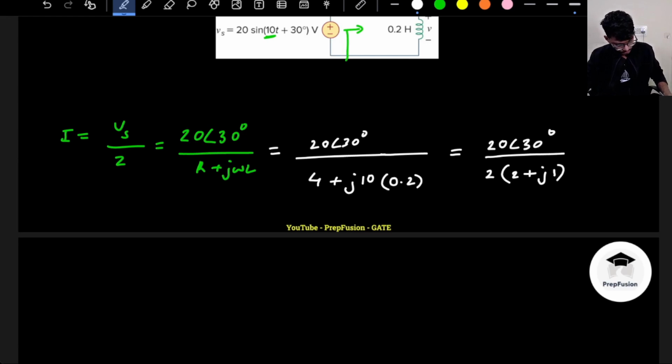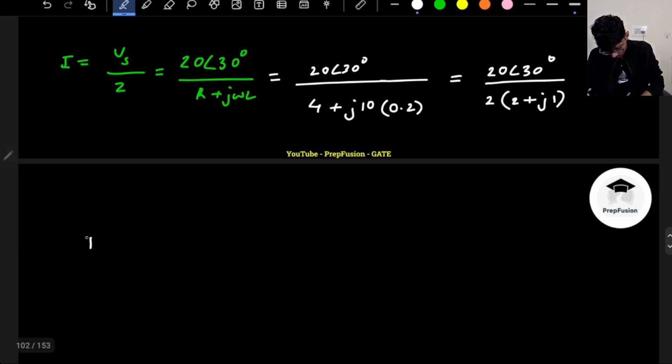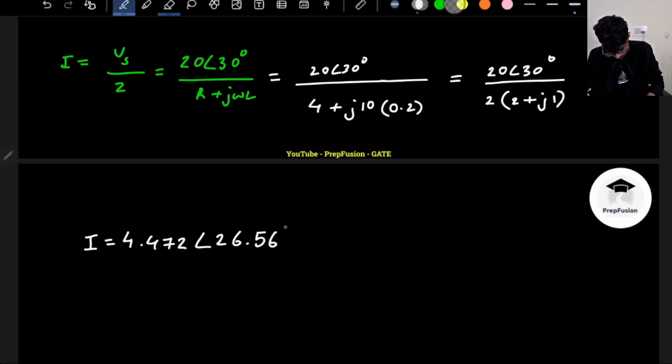So this will come out to be 20 divided by root 5, which is 4.472, and the angle is tan inverse of 1/2, which is 26.56 degrees.